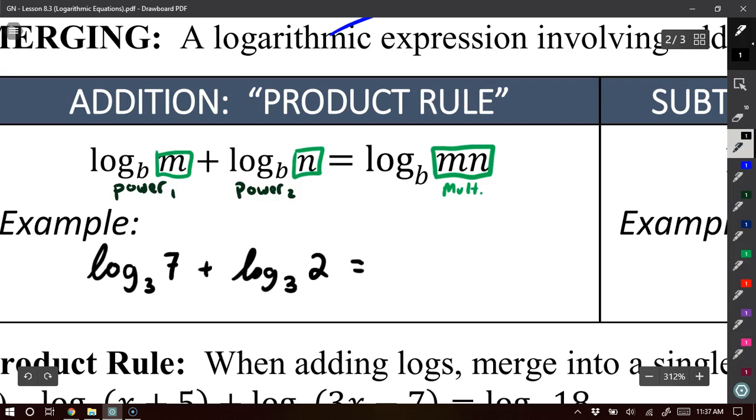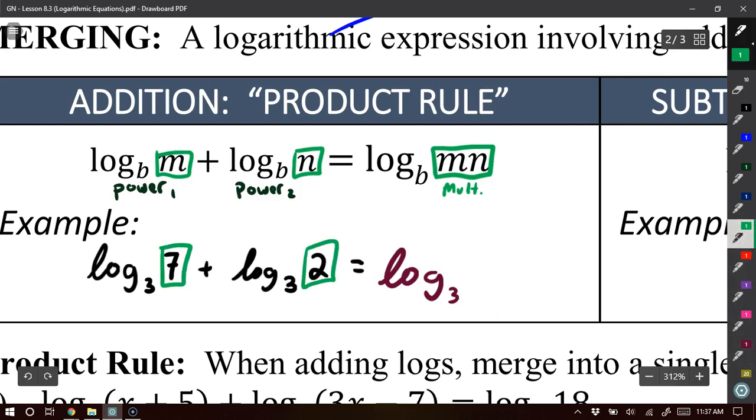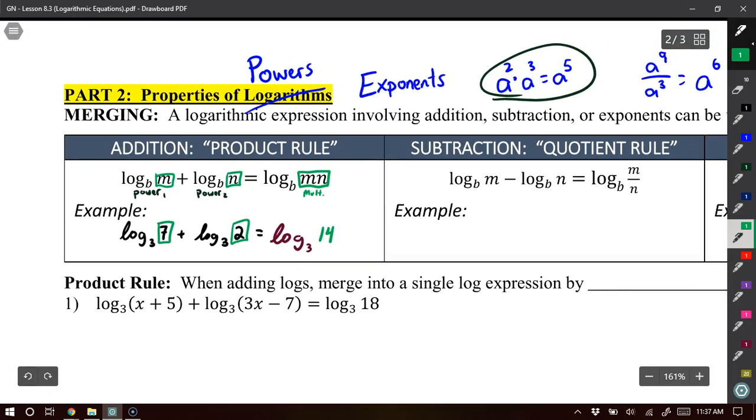If I want to take these and merge them into a single logarithm, just one log rather than a log plus a log, I'm going to take, so I have log base 3, I'm going to take my two numbers, my two values, and I'm going to multiply them together. That is the addition rule. It is just like the product rule for properties of exponents.